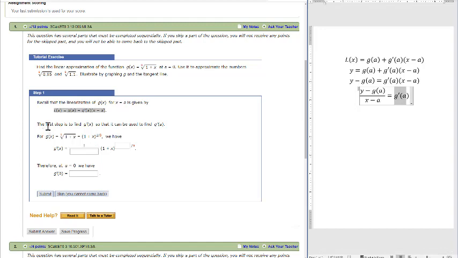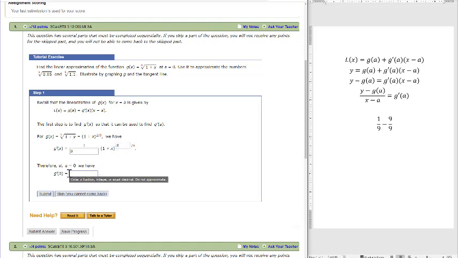Anyways, the first step is to find the derivative of g, and so if we write g as x plus 1 to the 1/9 power, we're going to get 1 over 9. That's a constant sitting out there. And then we have x plus 1 raised to the power 1/9 minus 1. So if we have 1 over 9 minus 1, and we treat 1 as 9 over 9, then we're going to get negative 8 over 9.